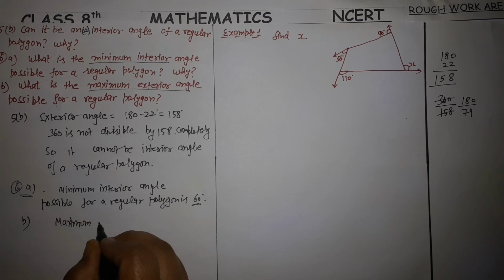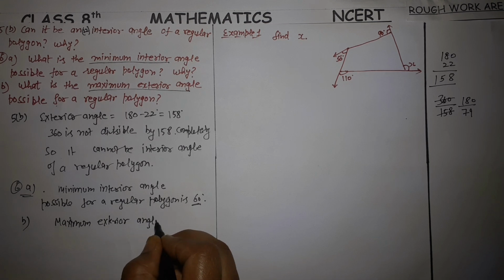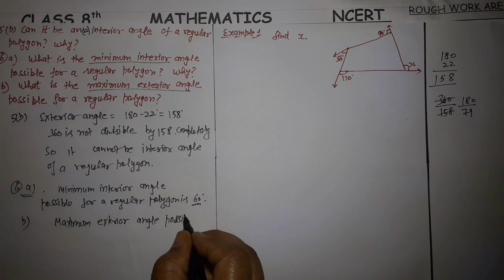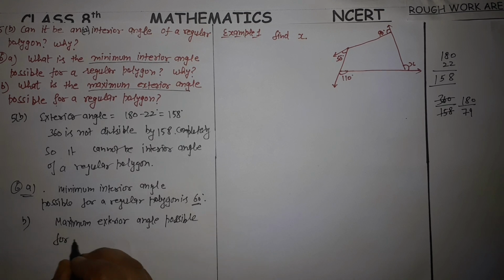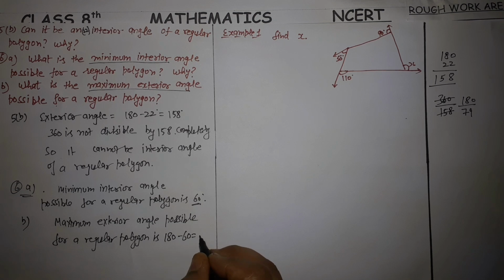The maximum exterior angle possible for a regular polygon is 120 degree.